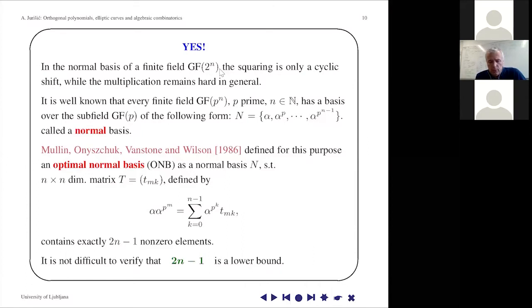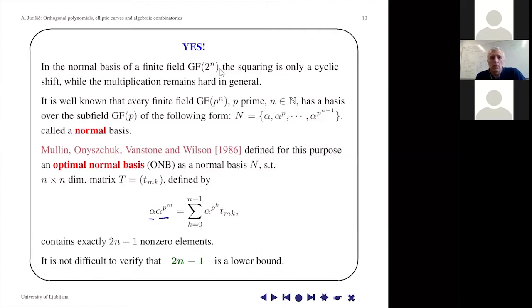Now, of course, squaring is cheap. This is fine, but now how is it with multiplication in this basis? And first, you have to figure out how to multiply any base element with alpha, and then you find out that this is just enough.